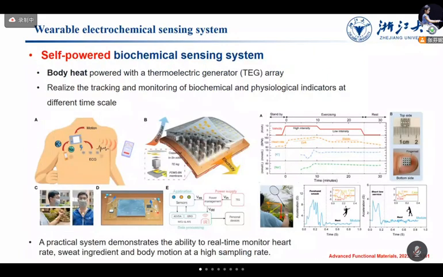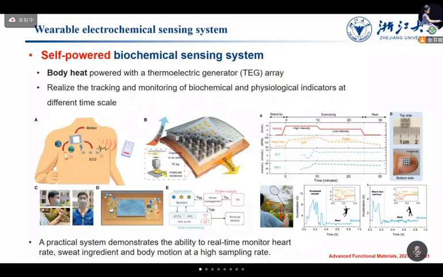And another very recent work we are doing is we are trying to get rid of the cell phone already. We are working on self-powered systems. The self-powered technology we use here is the TEG method. We are trying to harvest the body heat.